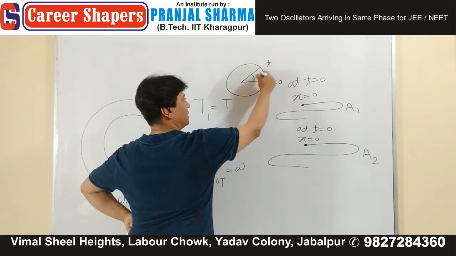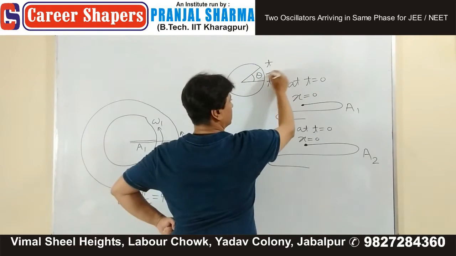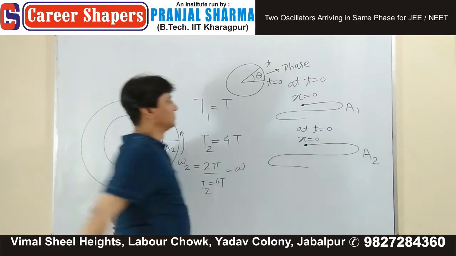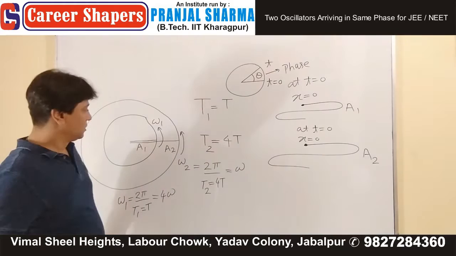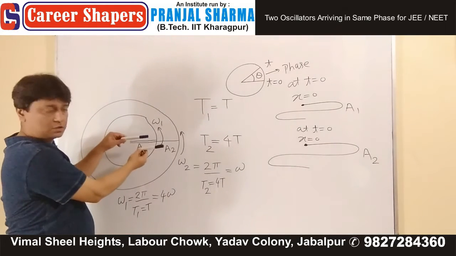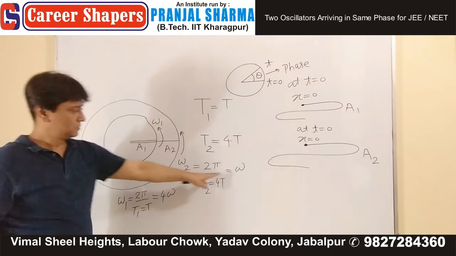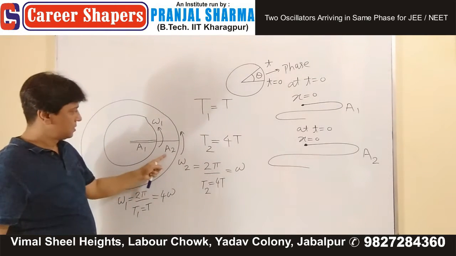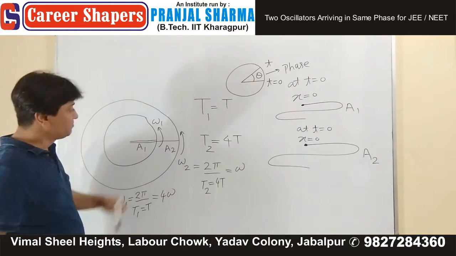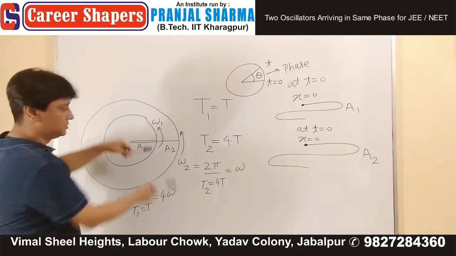This angular displacement theta is nothing but phase. So in this question, you have two rods. One is slow, and the other one is fast. So what happens?